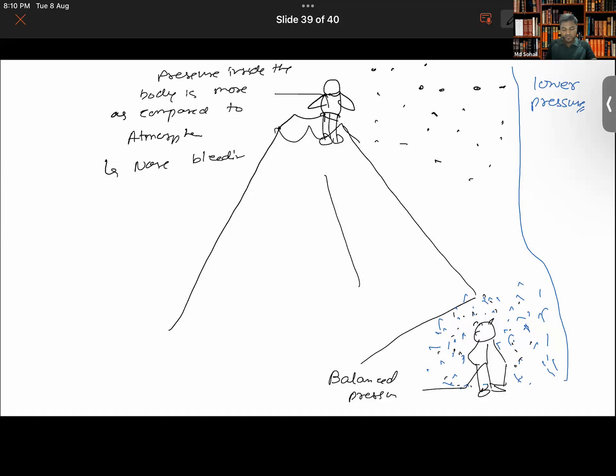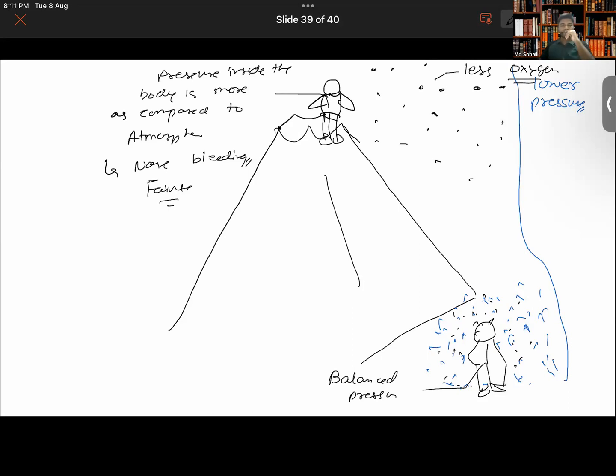In fact, the person faints, and in many cases blood vessels burst out. There is also less oxygen. So these are the challenges faced by mountain hikers.